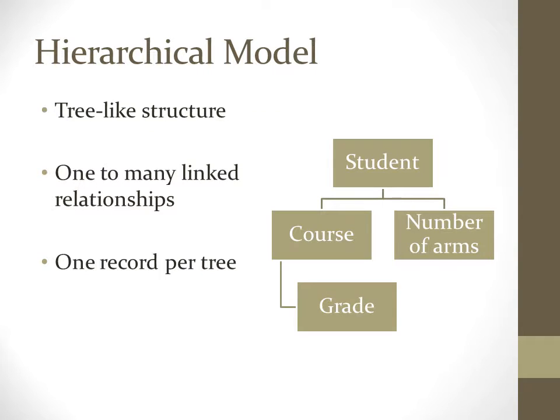Now the first database model we'll be looking at is the hierarchical model, and it's defined by a tree-like structure where each entity may have many children entities but only one parent entity. So as you can see in the example we have here, a student may have a child entity such as a course, and that course entity may have another child entity called the grade entity, but the grade entity may only have one parent entity.